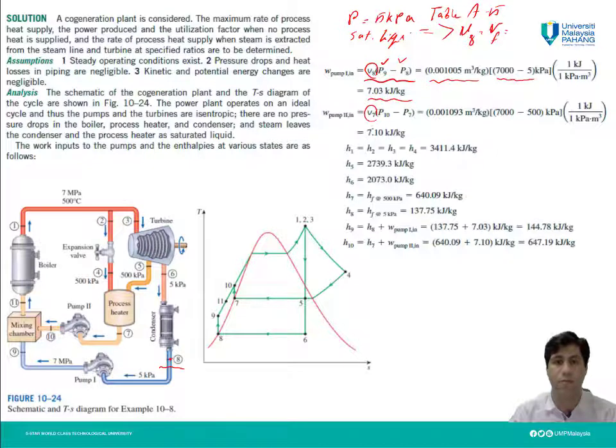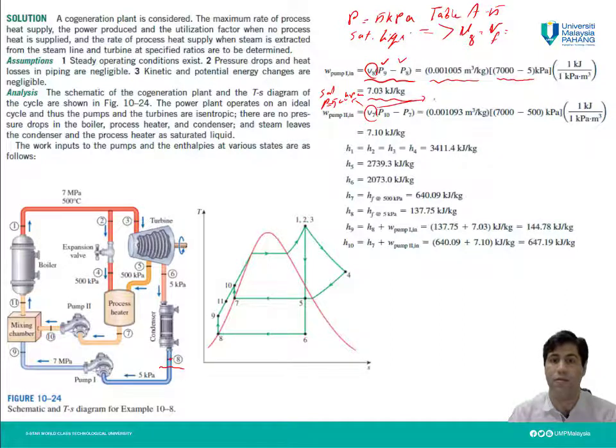What about V7? Again, if you notice, state 7 is saturated liquid, and the pressure is 500 kilopascal. Again, we need to go to the table and find V7, the specific volume for water.